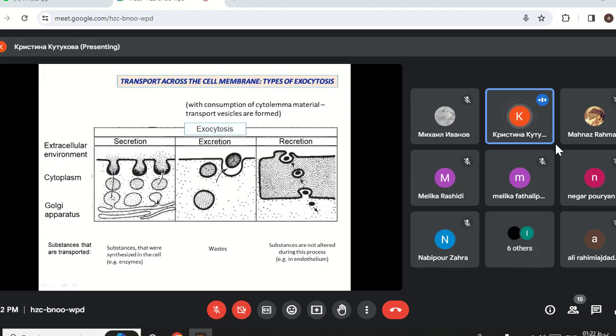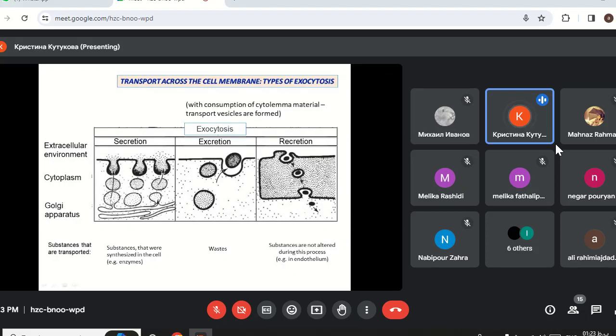First, secretion. It's when the cell synthesizes something. For example, if the cell is the cell of some gland and it synthesizes some substances, for example enzymes, which should go out from the cell.